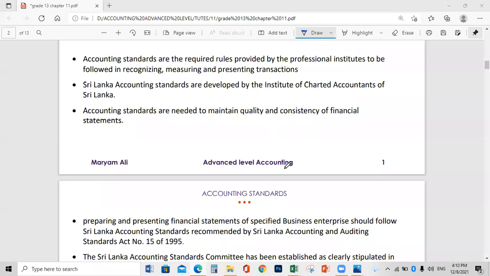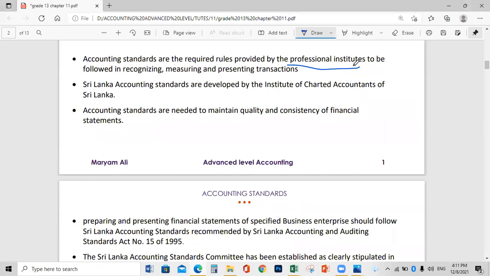Professional institutes, like Chartered CA, ICA Sri Lanka (Institute of Chartered Accountants of Sri Lanka), and ACCA. These professional institutes prepare and develop the accounting standards that companies have to follow when preparing their financial statements. So accounting standards are provided by the professional institutes.